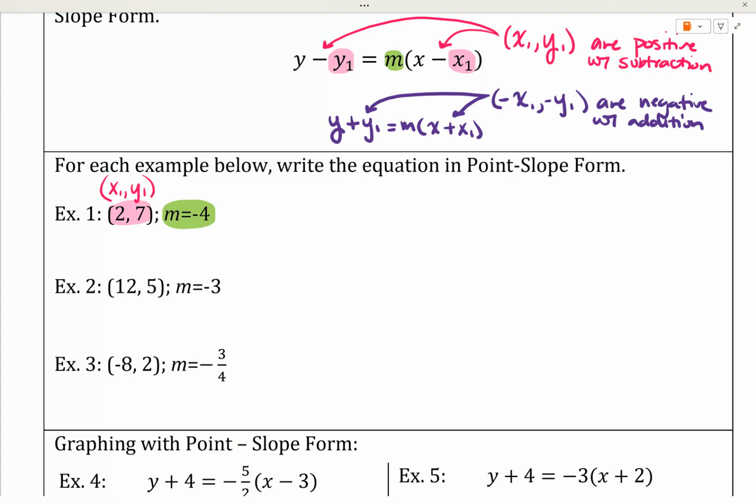The y and x that are without a little 1 will stay as y and x. So our equation says y minus y1, which is 7, equals m, which is negative 4, parentheses, x minus x1, which is 2. And that is our equation in point-slope form.